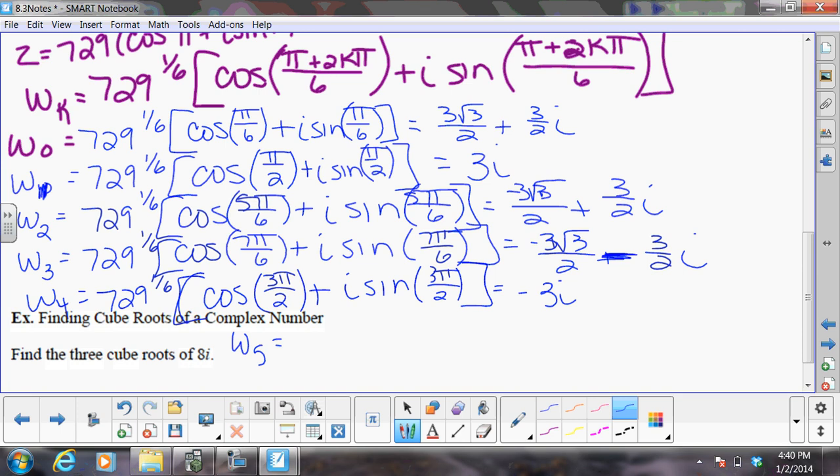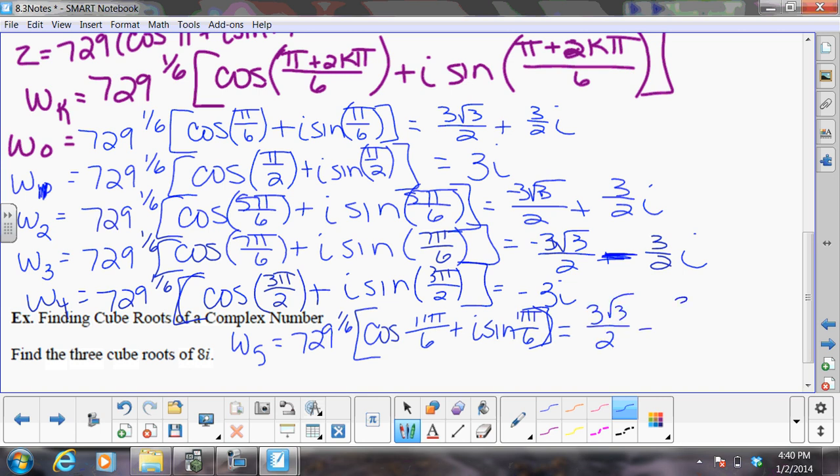If I plug in 5, I'll end up getting 11 pi over 6. And this evaluates to 3 radical 3 over 2 minus 3/2 i.